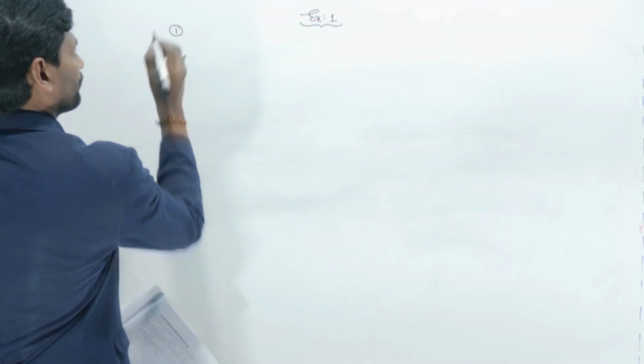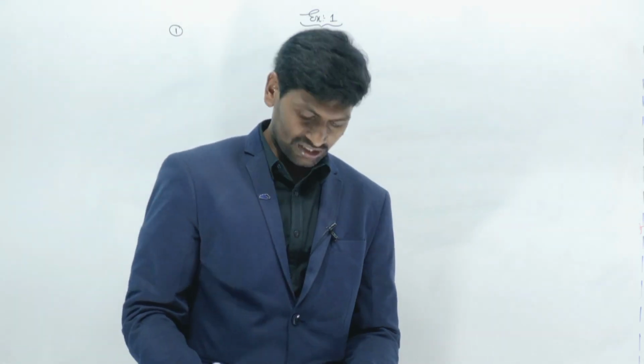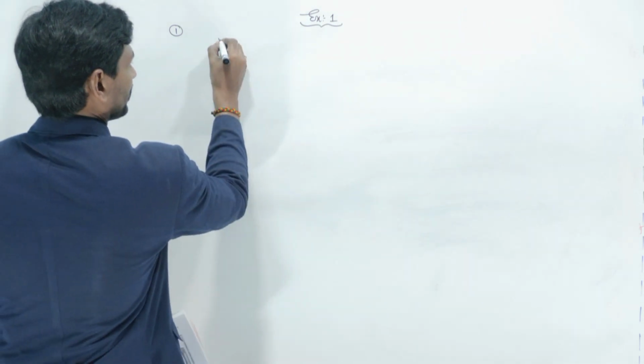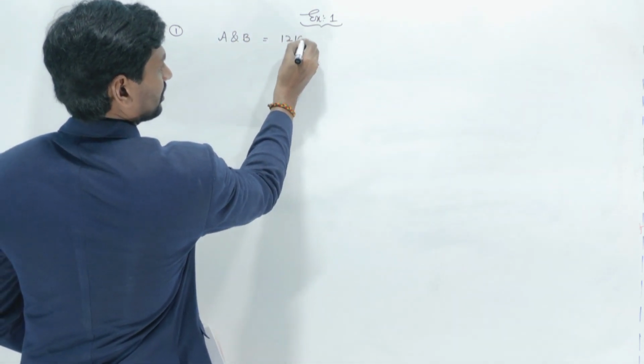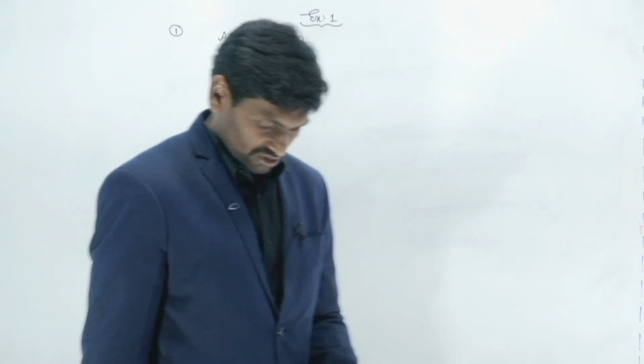First question: A and B together have 1210 rupees. A is a person, let us think. Both together have 1210 rupees.